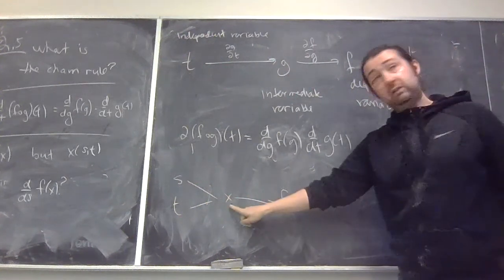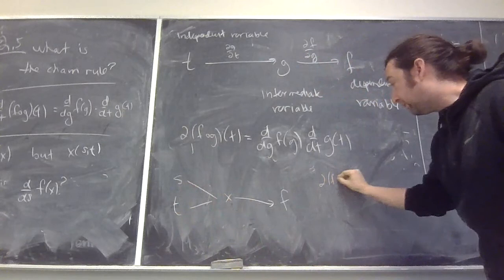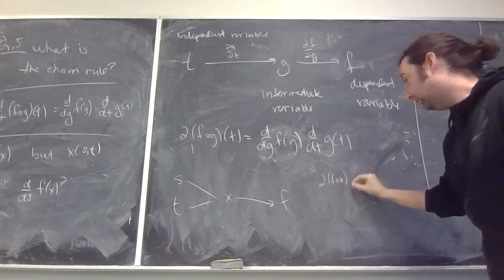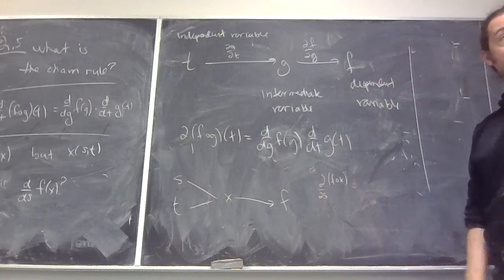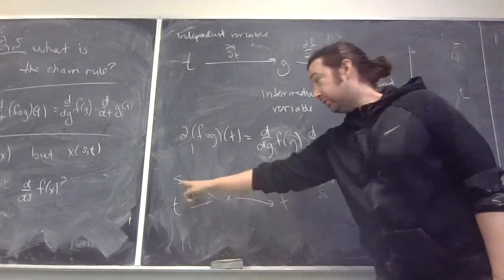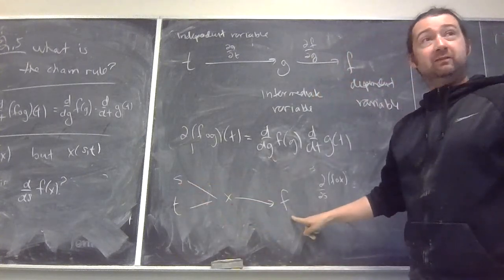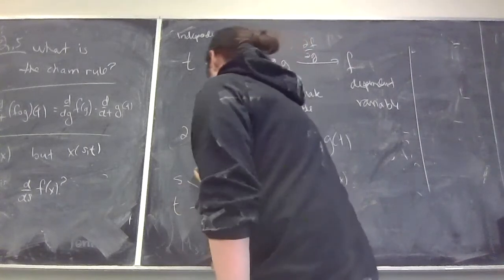f has one input, x has two inputs. What do you think d by ds of f composed with x is? It's not a trick question. You can just read it off. What's the pathway I use to get from s to f? So this path, this is the df dx path.